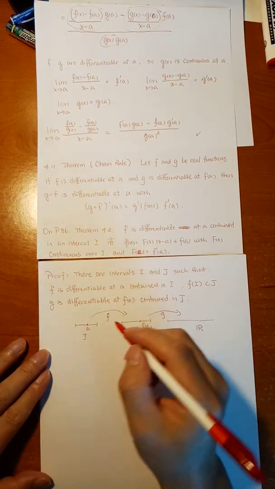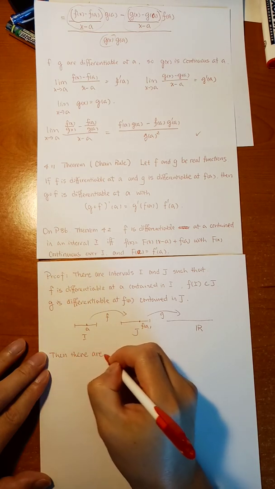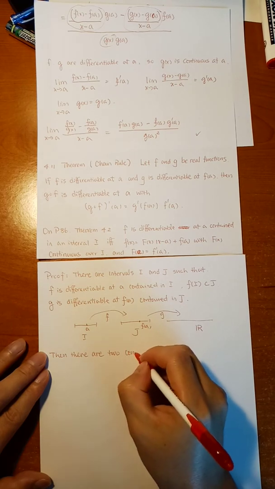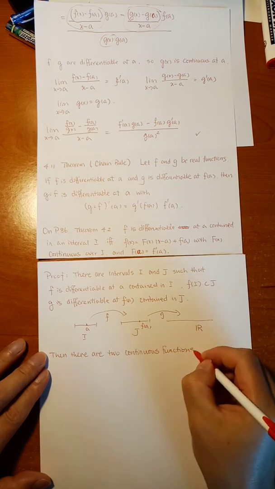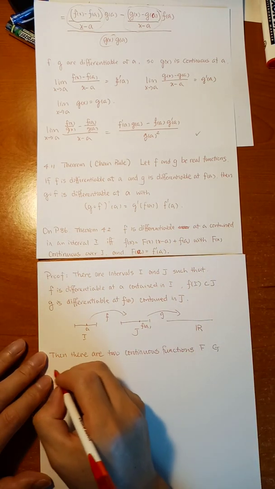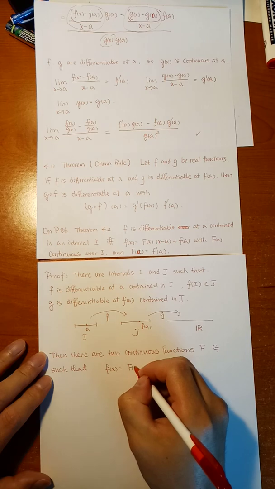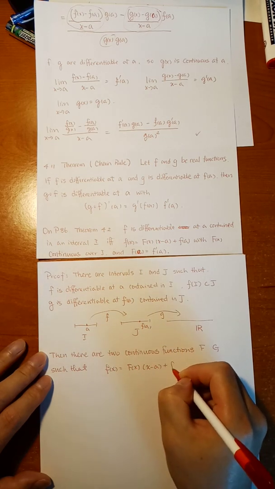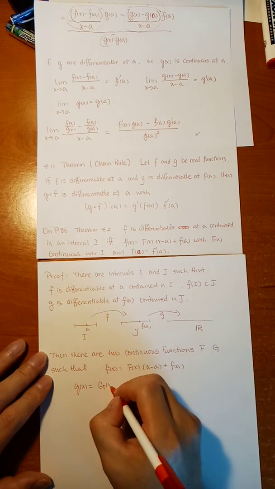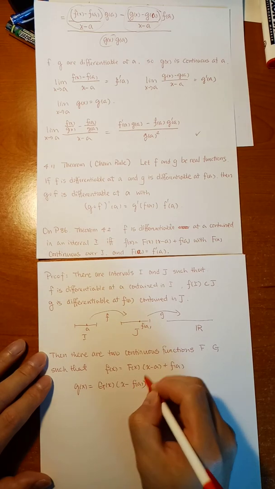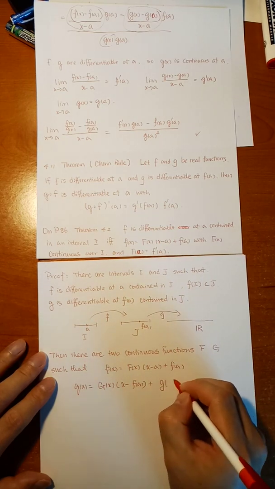Then there are two continuous functions, capital F and capital G, such that f(x) is capital F(x) times (x minus a) plus little f of a, and g(x) is capital G(x) times (x minus f of a) plus g of f of a.